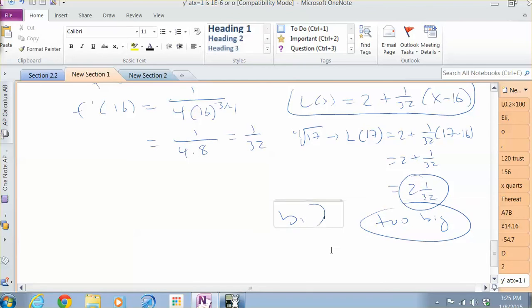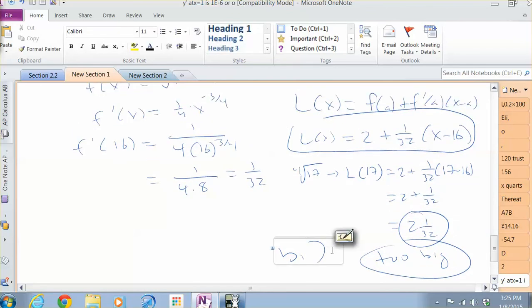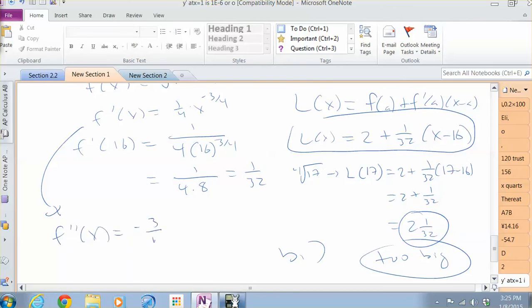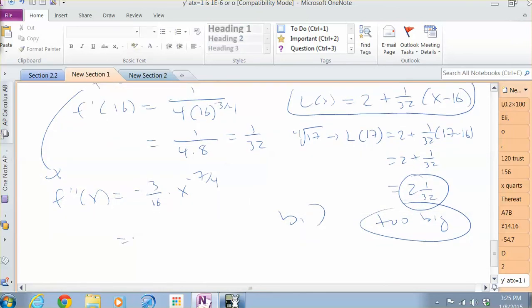If I take the second derivative, you should get negative 3/16 times x to the negative 7/4. Clean it up a bit: negative 3/16 times the fourth root of x raised to the 7th power.